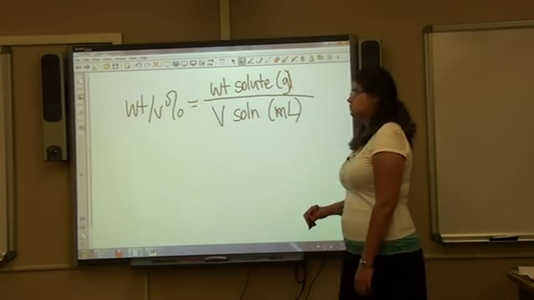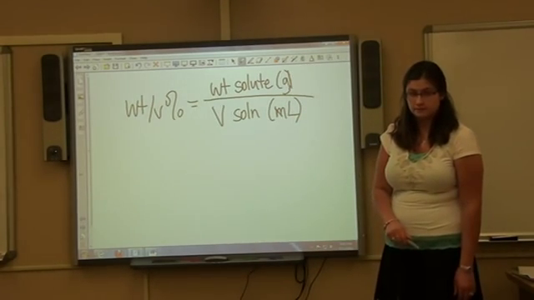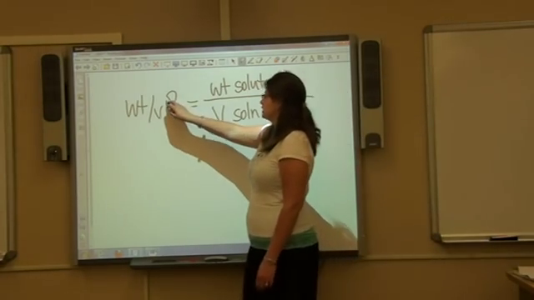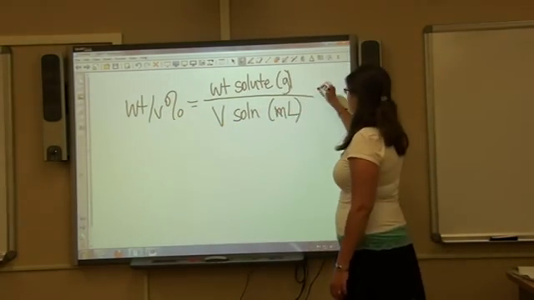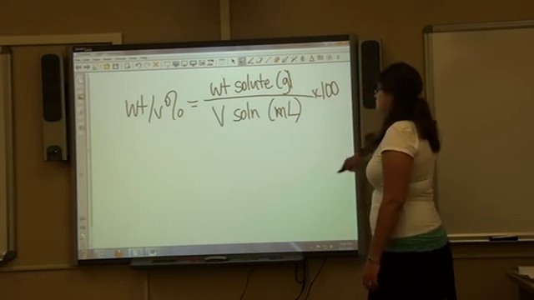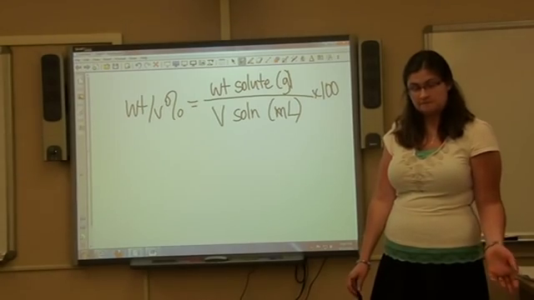And that should always be in milliliters. Now, for every problem that has a concentration where you have a percent, you're going to multiply by 100 in order to get the percent.